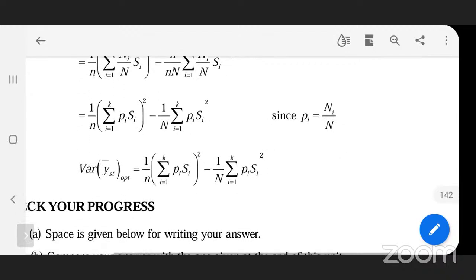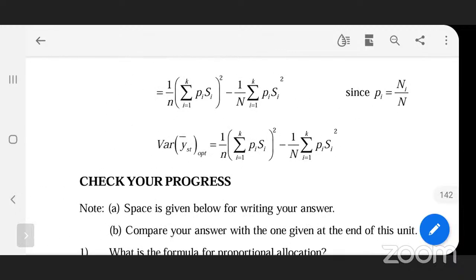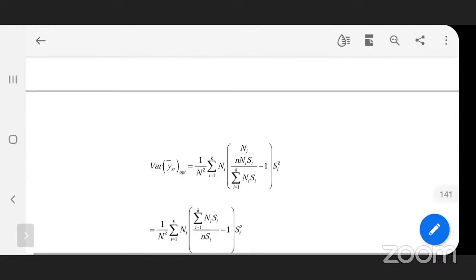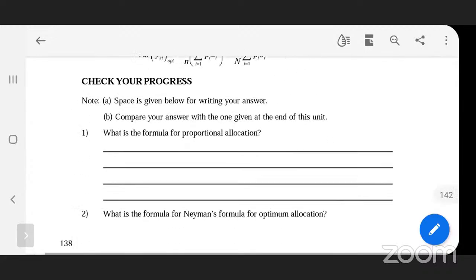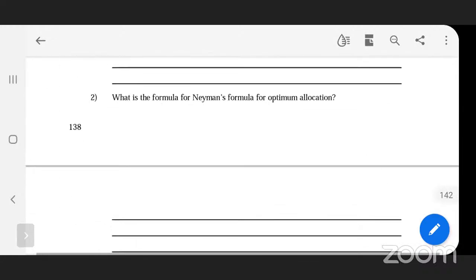So like that we can get the value of the simplification. The variance is (1/n)(Σ Pi Si)² − (1/N) Σ Pi Si². This is the overall idea about the optimal allocation. The optimal allocation means Newman's formula. In Newman's formula, even the small fraction also should be considered.